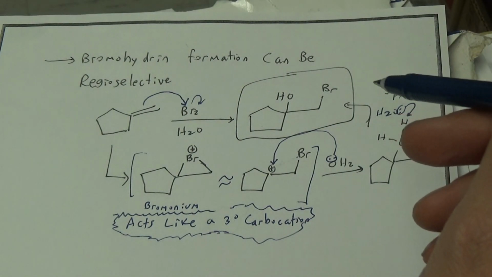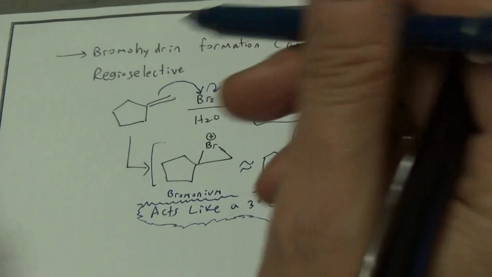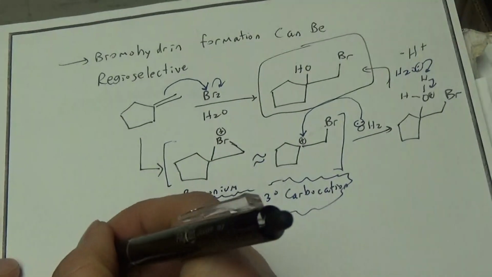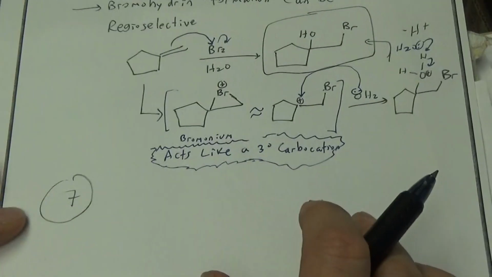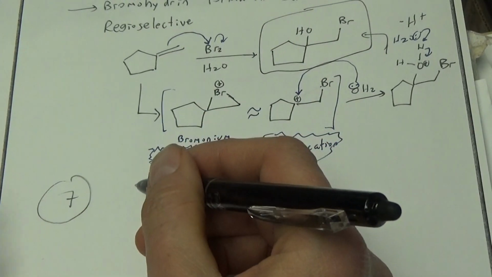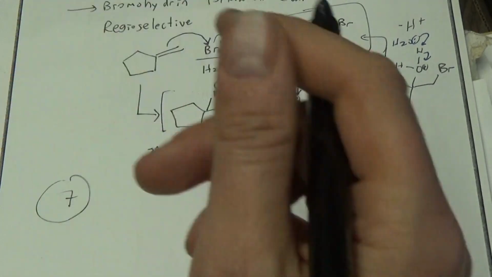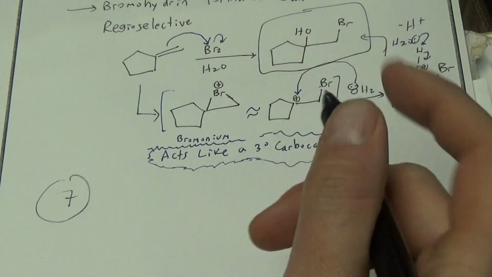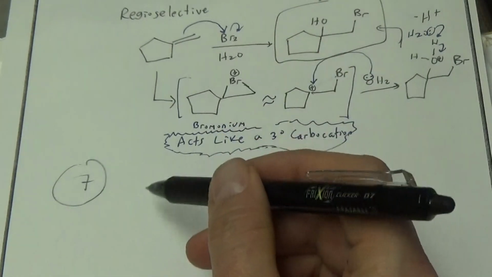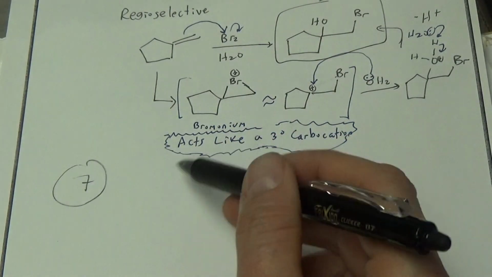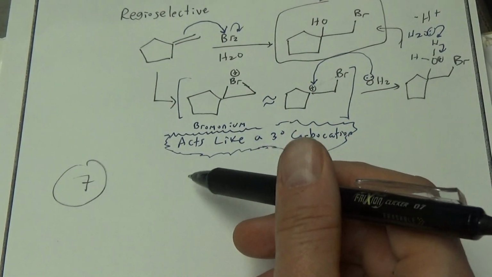All right. Cool. And that leads us actually to the next reaction, which remember when we were talking about sulfuric acid and water, how that converts an alkene to an alcohol, and that was the bad way? Well, here's a good way.